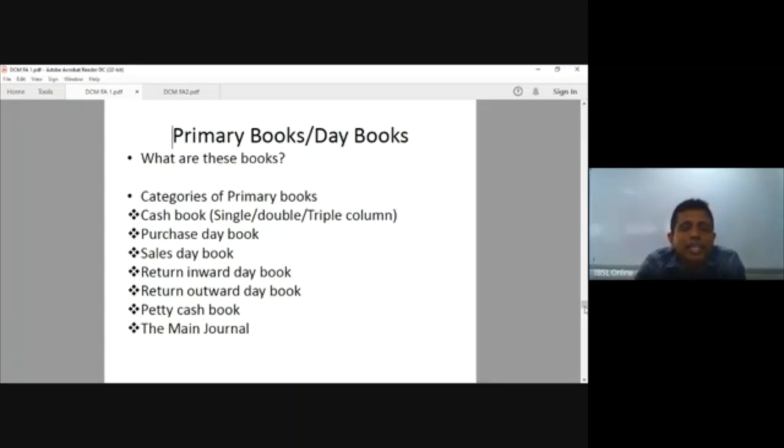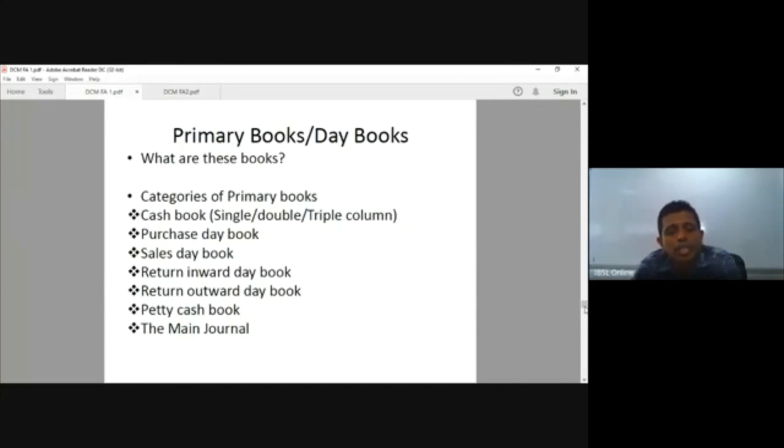Basic primary books are there. We used to have these primary books before. If the customer has similar nature transactions, more than can be accommodated by a single day, then those customers can use these primary books before entering all the transactions to the ledger accounts. A few primary books I mentioned here: cash book, single, double, triple column cash book.